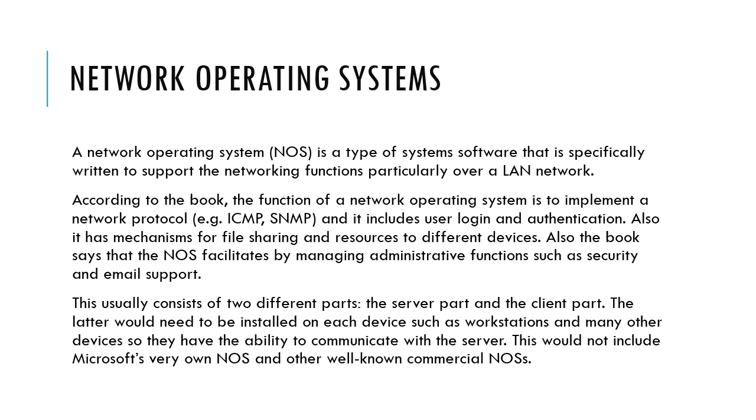A network operating system is a type of system software that is specifically written to support networking functions, particularly over a LAN network. According to the books, the function of a network operating system is to implement network protocols like, e.g., ICMP, SNMP, and it includes user login and authentication.